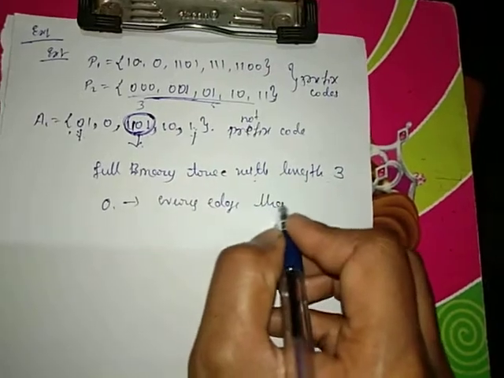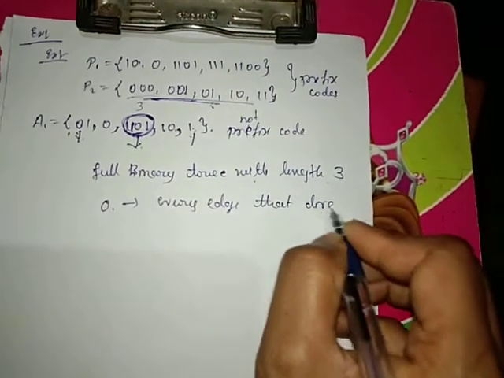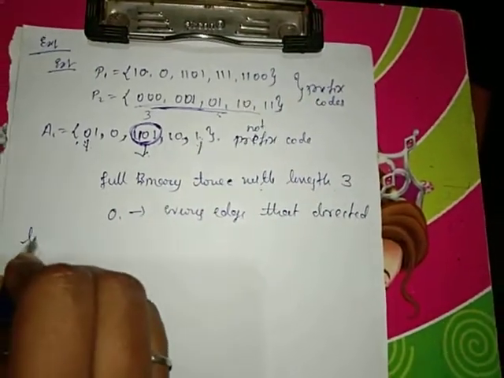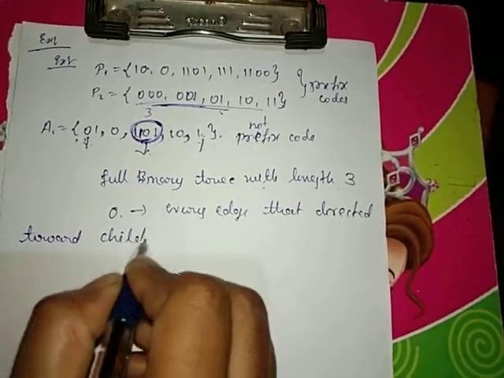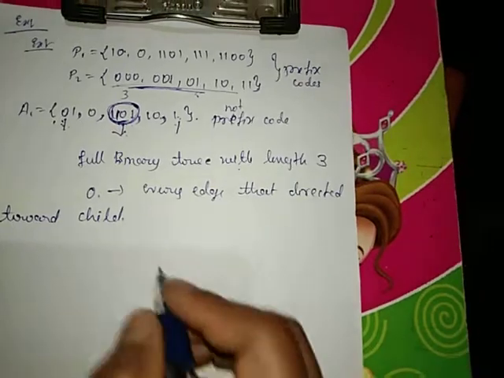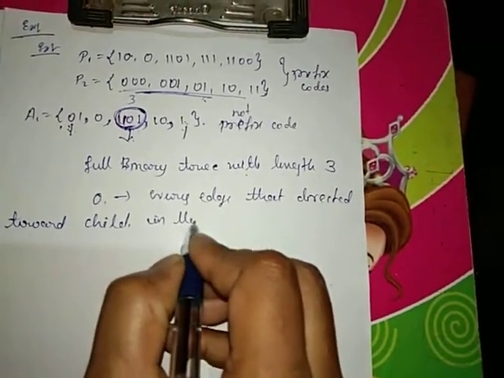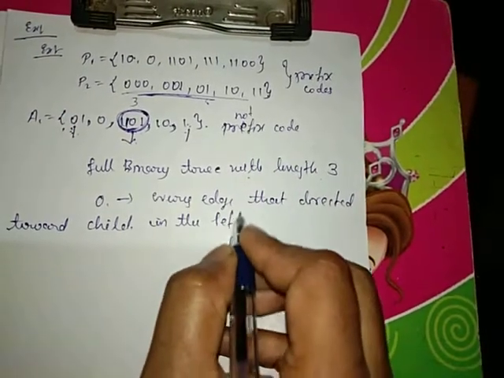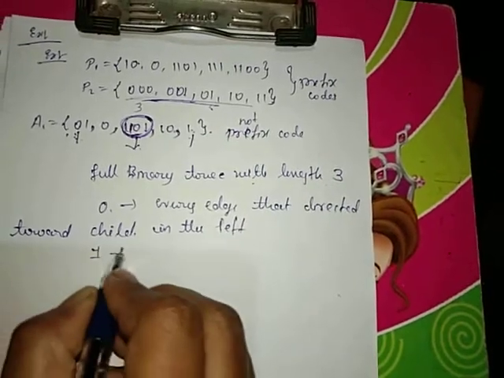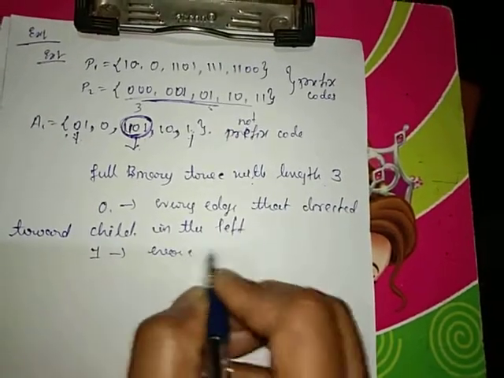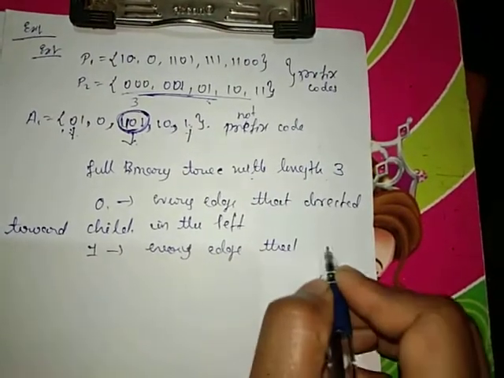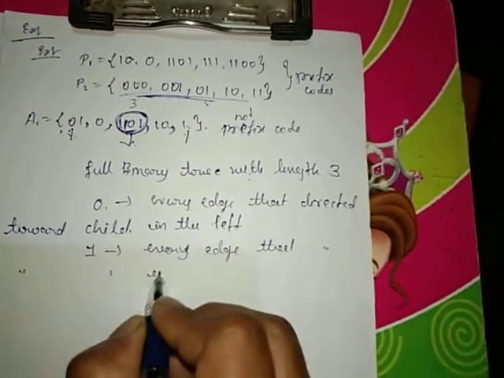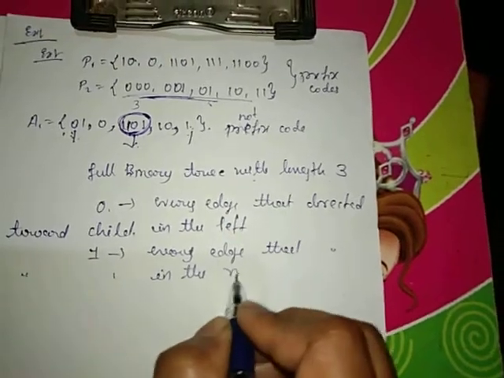that is directed towards a child in the left, and we assign a 1 to every edge that is directed toward a child in the right side.